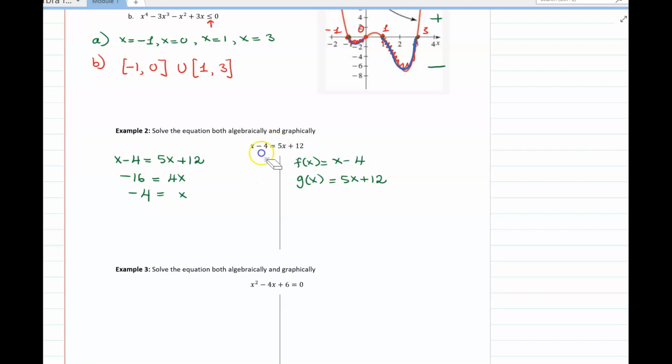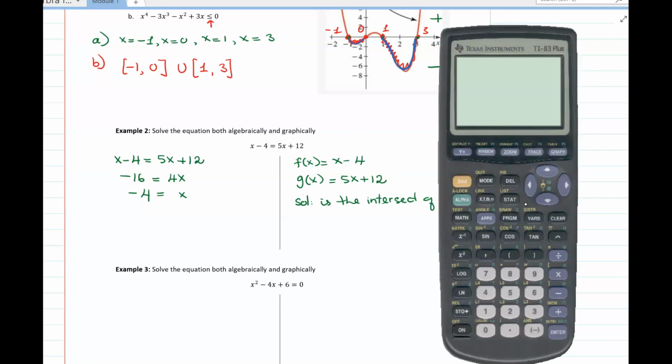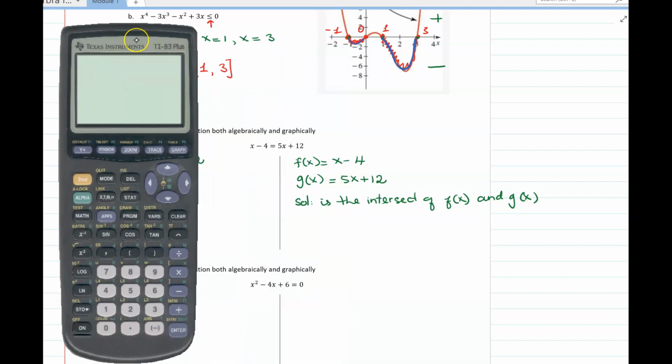Now, these two functions are equal to each other where they intersect. So the solution is the intersection of f of x and g of x. And how do we find that by graphing? Let's use our calculator.